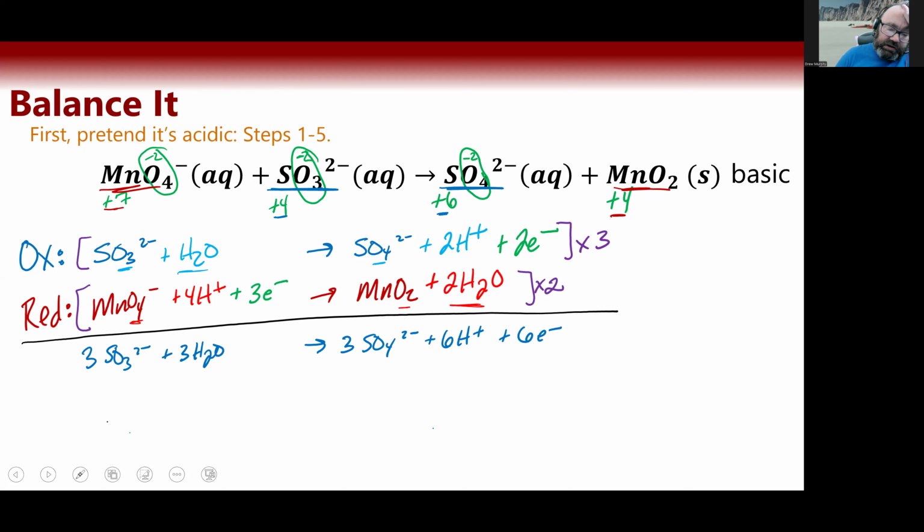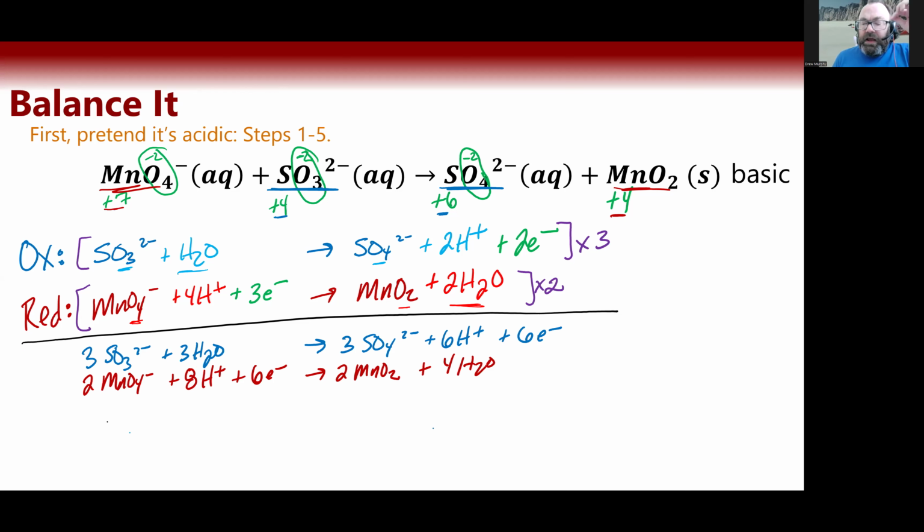Then our reduction half is times 2, so that's 2 permanganate, 8H plus, 6 electrons, 2 MnO2s, and 4 water.